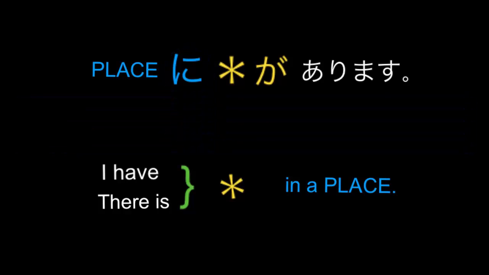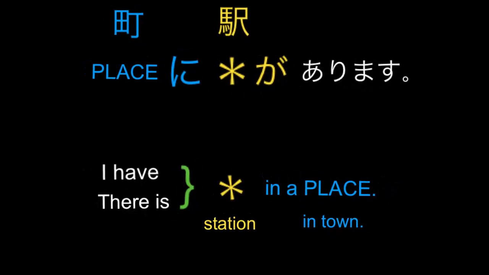But Type 2 sentences ending in either arimasu or imasu must have particle ni after the location where you'll find them. Now we've got our basic pattern, let's actually add some words to make a real sentence. You can see here I've chosen for our place machi or town. You might recall that's the place where we spend machi money and we waste machi time. It's machi, town.